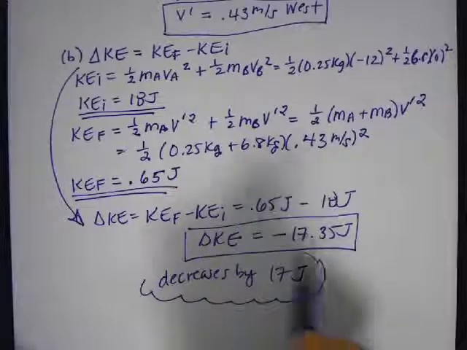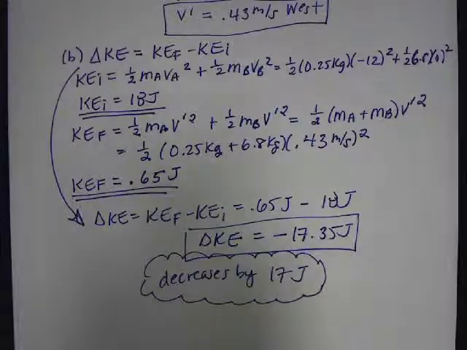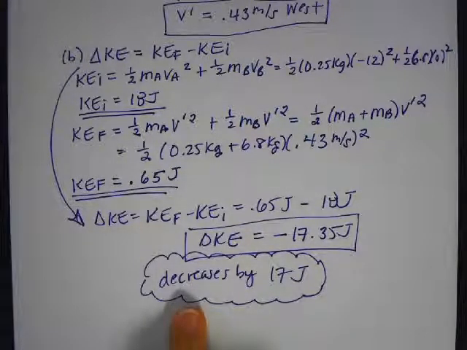So that's really my final answer. It said, what is the change in the kinetic energy? So the change in the kinetic energy is that it decreases by 17 joules. Or change is actually absolute, so the change would be 17 joules. But in case you're asked, is it an increase or decrease? Okay. So that is practice F.